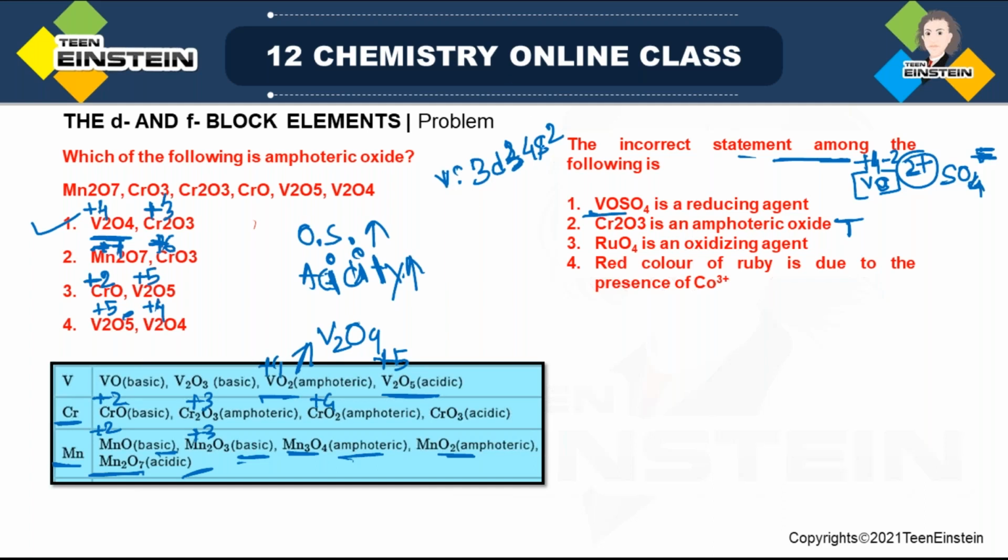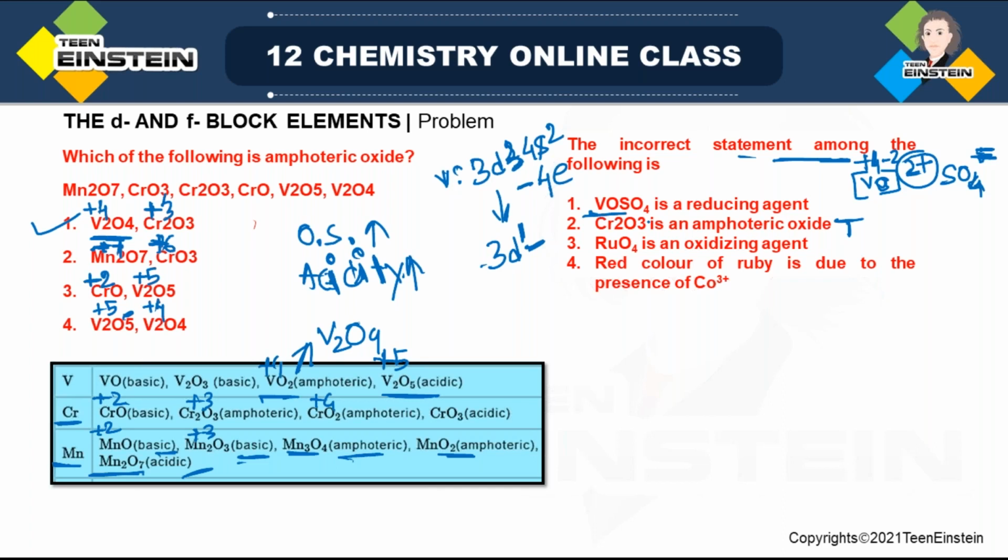Total 3 d electrons, 2 4s electrons. If you have +4 oxidation state, that means you are removing 4 electrons. So after removing 4 electrons, it will be converted to 3d1. So it has 1 electron.